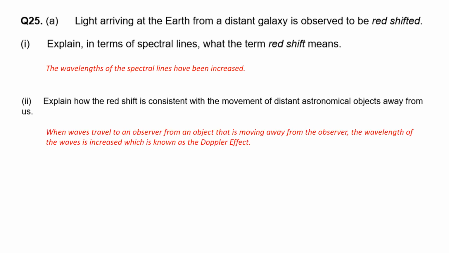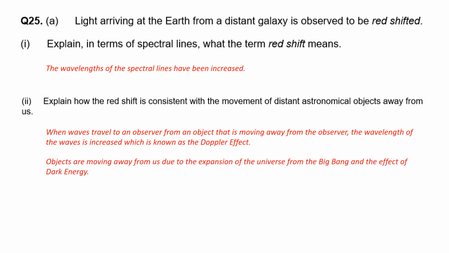Okay, so when waves travel to an observer from an object that is moving away from the observer, the wavelength of the waves is increased, and that's called the Doppler effect. That's the starting point here. In the universe, objects are moving away due to the expansion of the universe, which was originally from the Big Bang, and now we think because of the effect of dark energy.